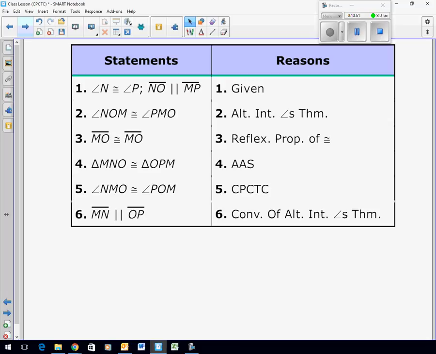After I've proven two triangles are congruent, I can use CPCTC to tell me that the corresponding sides and angles are congruent. The converse of the alternate interior angle theorem is how I know that if alternate interior angles are congruent, then the sides that create them are parallel.